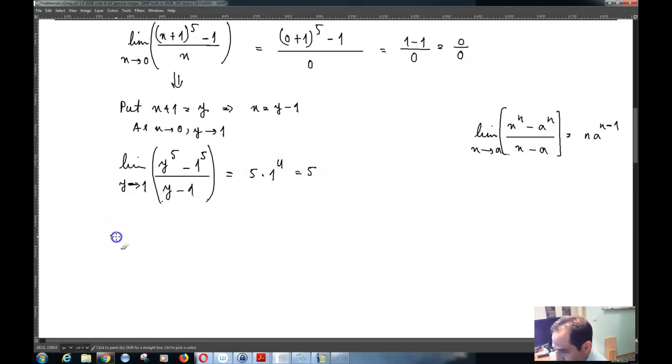So that means that the limit of x plus 1 raised to the power 5 minus 1 over x when x tends to 0 is equal to 5.